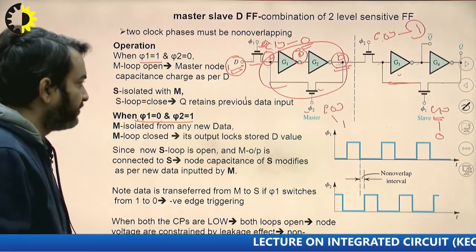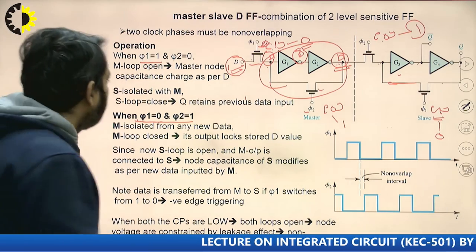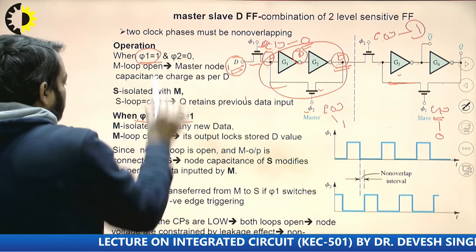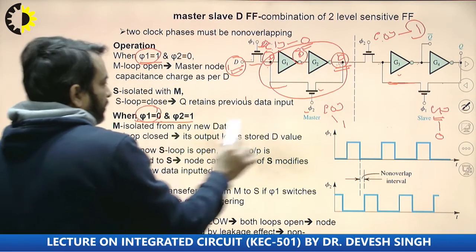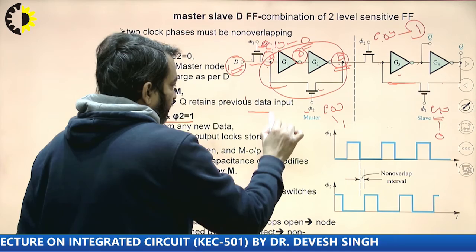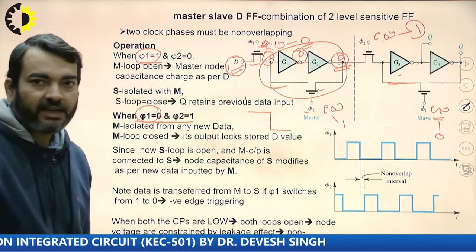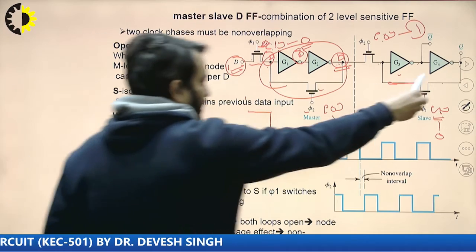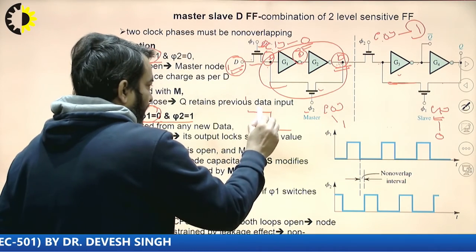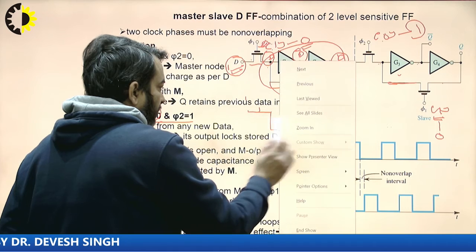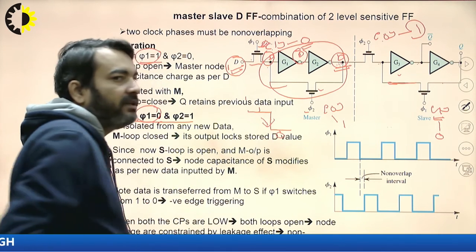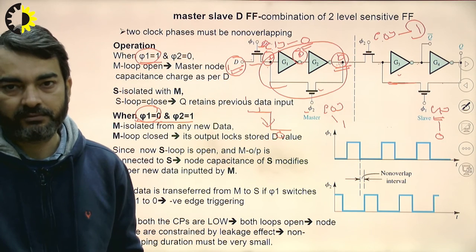So data will move from the input side to the final output, that is the slave output, when the clock is moving from 1 to 0. So we will say this is a negative edge triggered flip-flop.